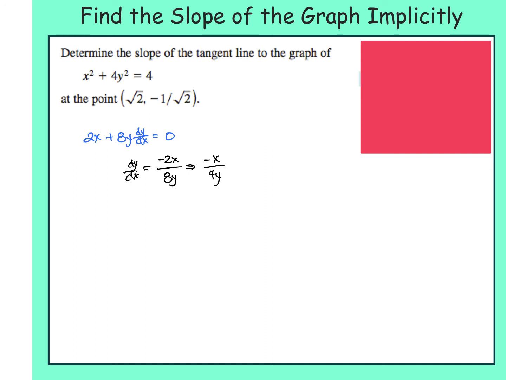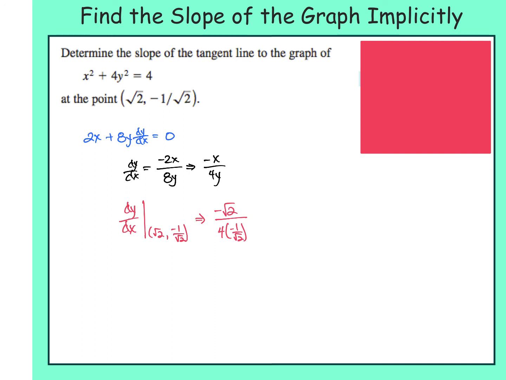So now I'm going to take the derivative, dy/dx at the point square root 2 comma negative 1 over square root 2. So now I'm going to substitute in. What's my x? So now I have negative square root 2 over 4 times, what's my y? Negative 1 over square root 2.